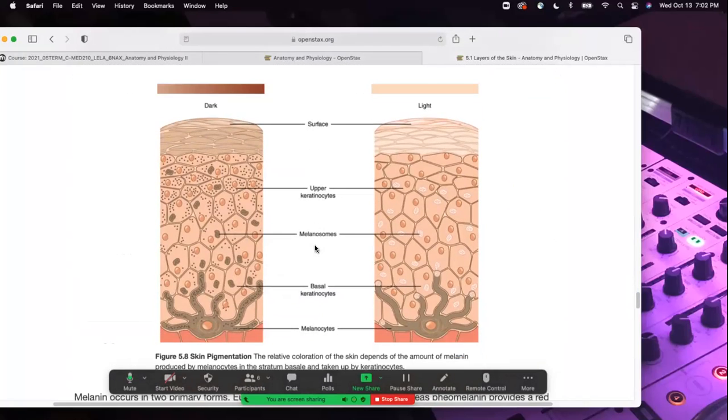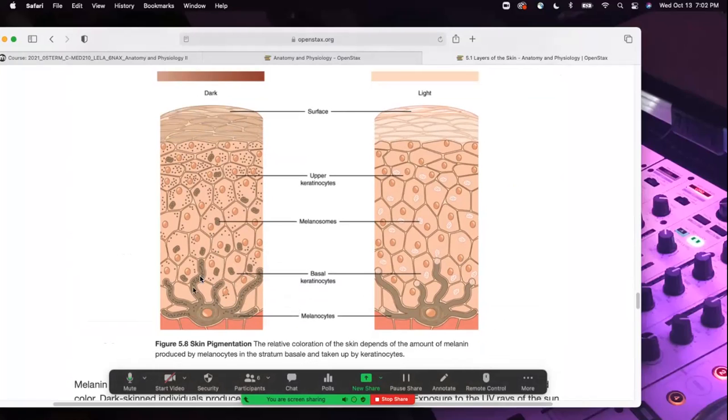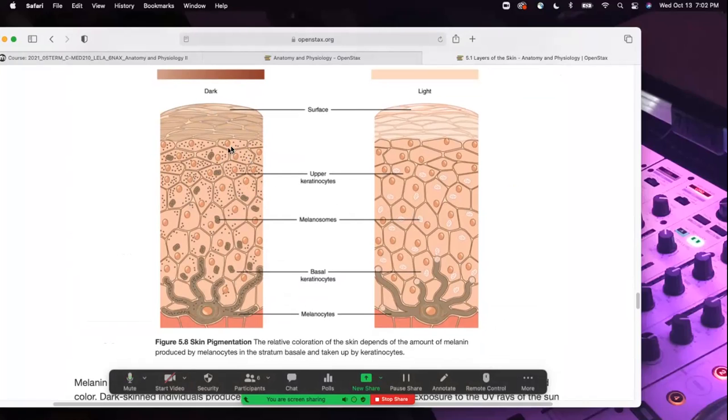Oh, this is the thing that I was talking about, melanocytes. If you have darker colored skin, you have more melanocytes. If you have lighter colored skin, you have less. And if you have more melanocytes, better protection against UV radiation, right? And lesser chance of, or lesser predisposition of cancers like BCC, basal cell carcinoma, which is a common thing.